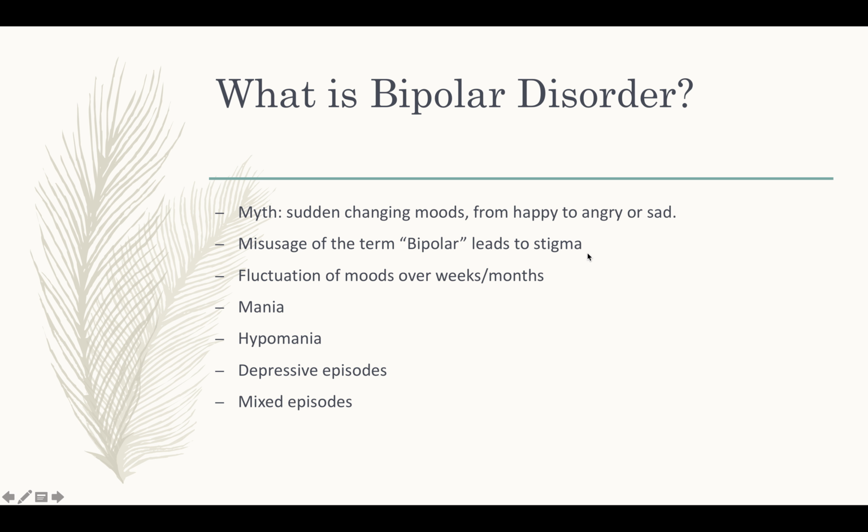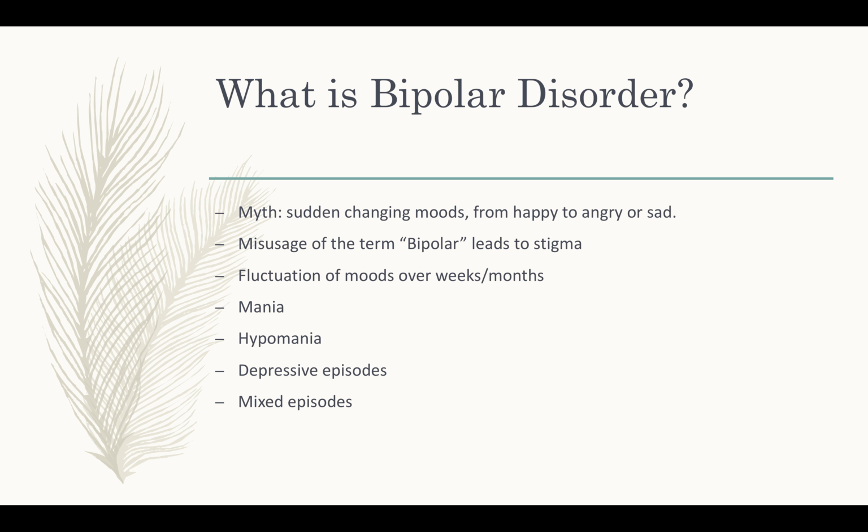So precisely what is bipolar disorder? Well, the consideration of bipolar disorder includes two components. One is the depressive component, which we've already talked about, what depression looks like. But in addition to that, it also includes mania.